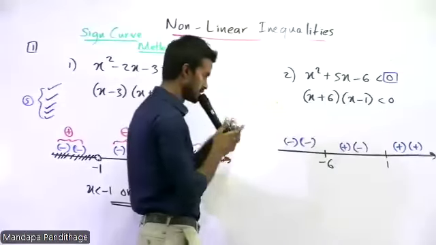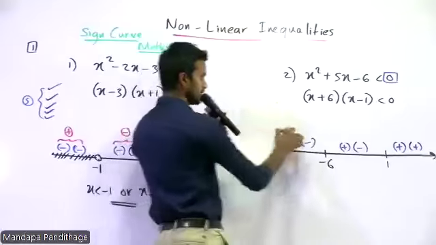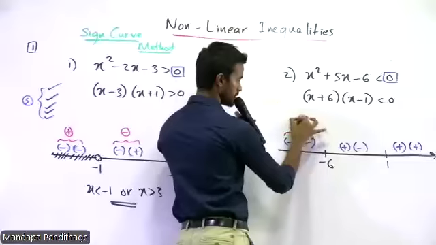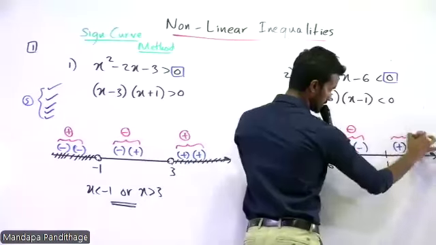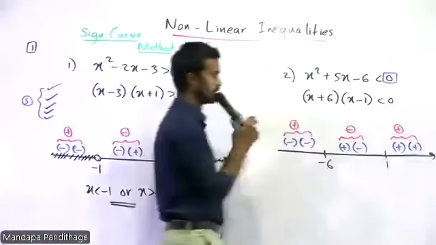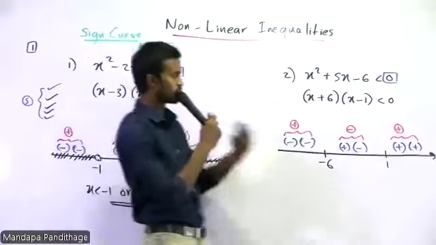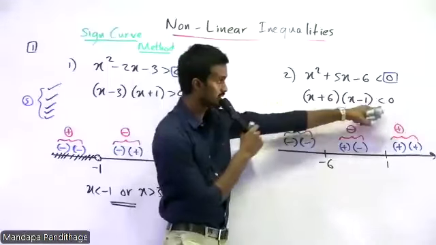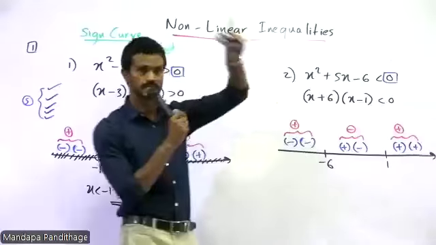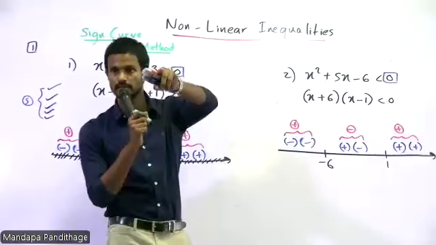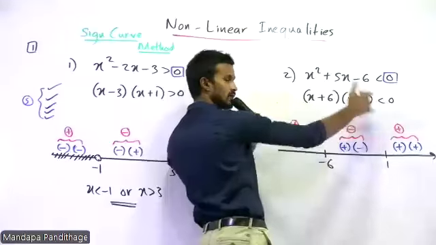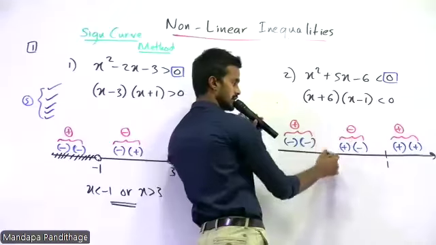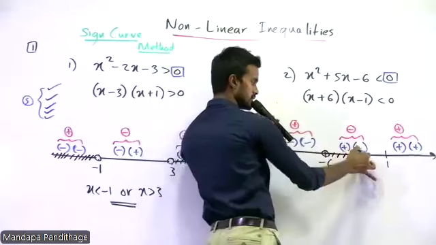So it is clear. In these regions, this is positive, this is negative, and this is positive. But in this case, we need to find the region where this expression is less than 0. Less than 0 means negative. So I need to find the region where this is negative, and that is this region.